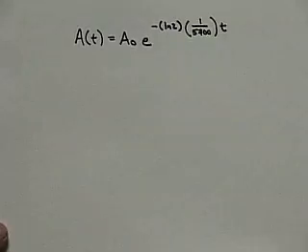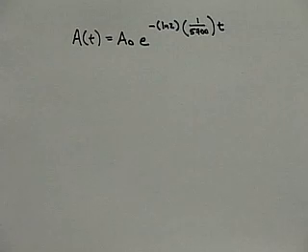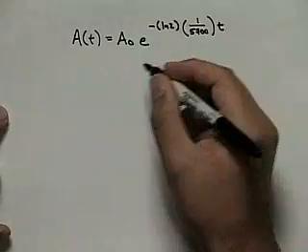So, in order to do that, what we're going to do is start with our decay model. A(t) = A_0 e raised to the negative natural log of 2 times 1 over 5700 times the time. And since we're dealing with a half-life, what we need to do is start with an initial amount that's twice what we have presently.